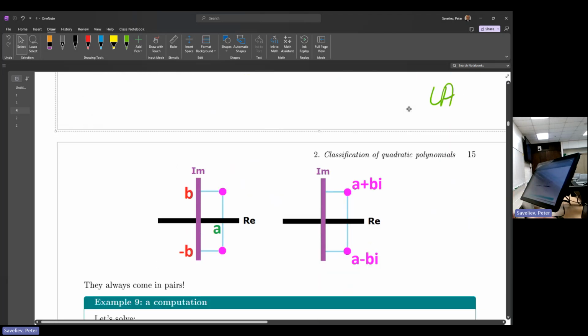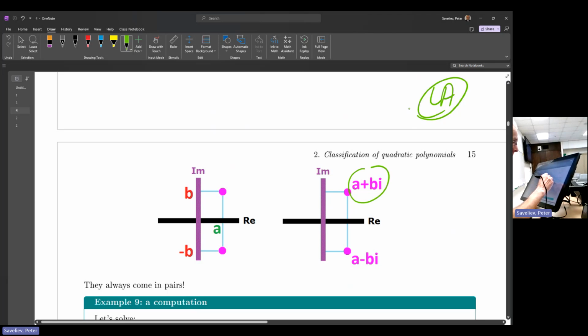And here you can actually point out what's what. If this is my eigenvalue, then a is responsible for the stretch, and b is responsible for the rotation.